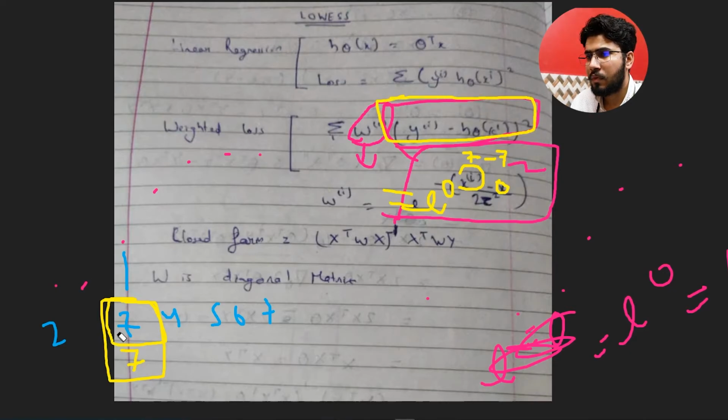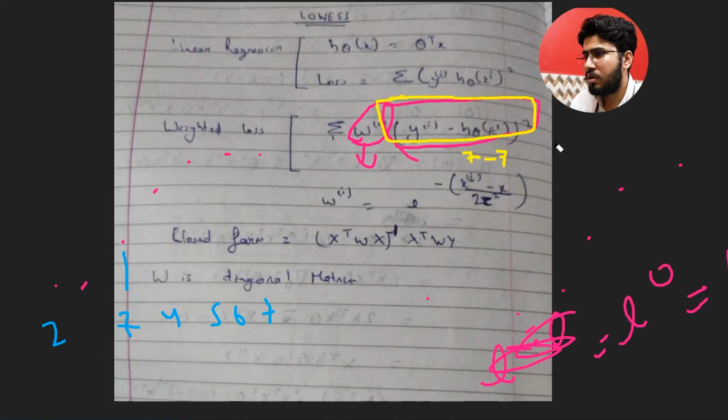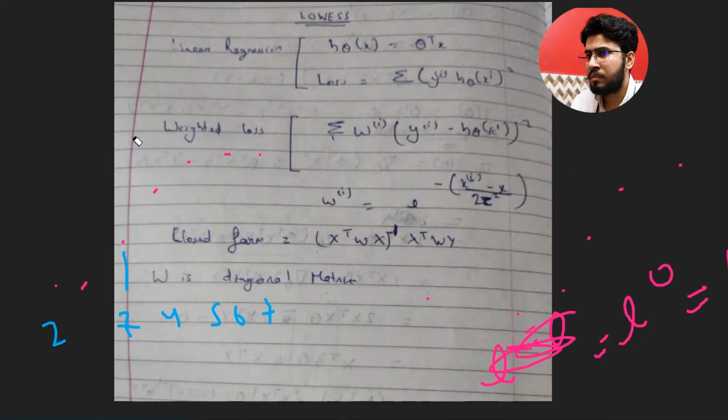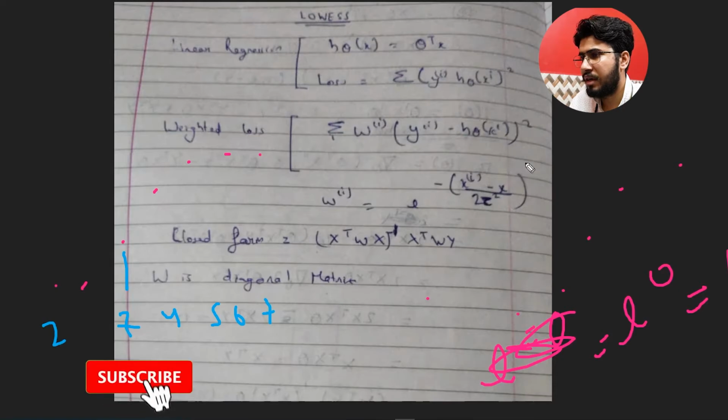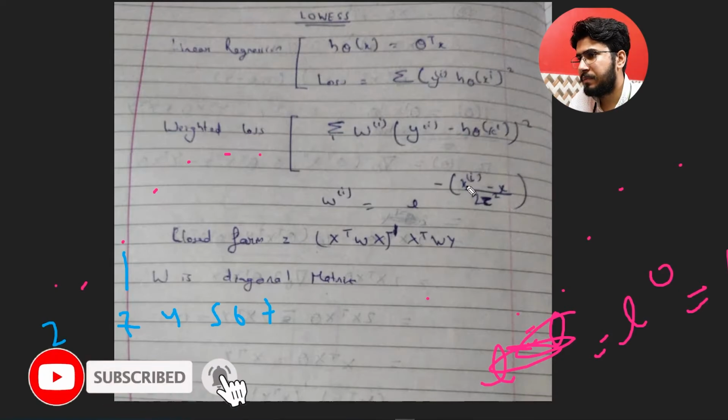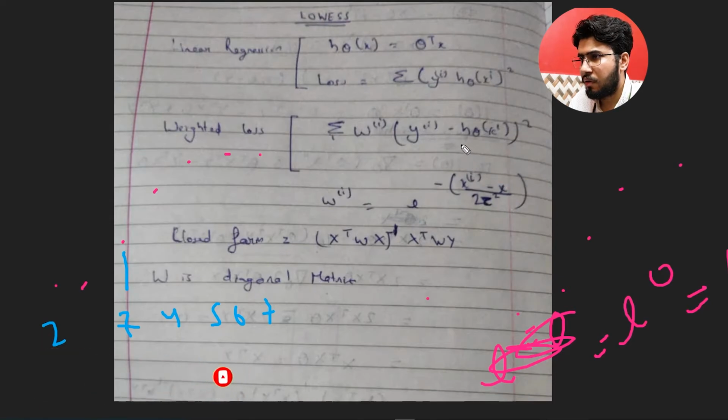Now let's suppose you have 45. There is a point at value 45, like here, let's say this is 45. So 45 minus 7, since you are giving your point again as 7.